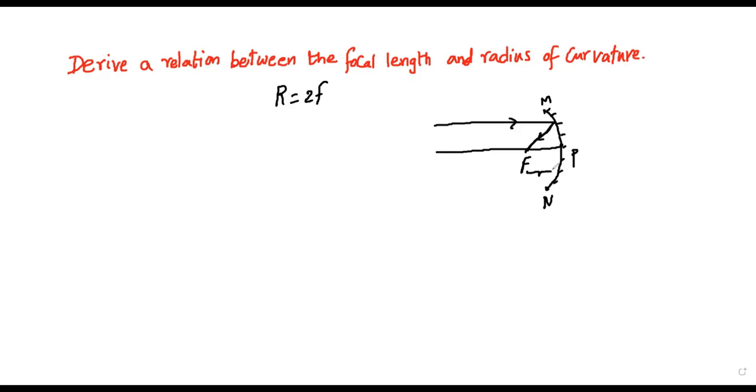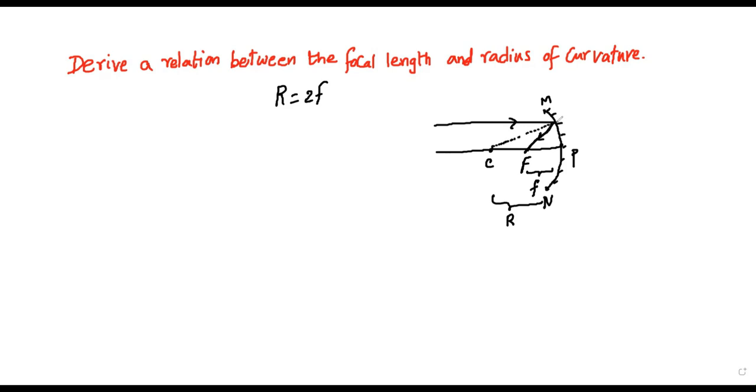The distance between the focus point and the pole is the focal length. Double that, from the center of curvature to the pole, is the radius of curvature. From this center of curvature, we are considering a normal.